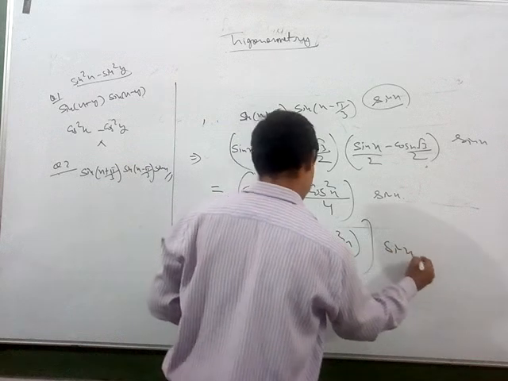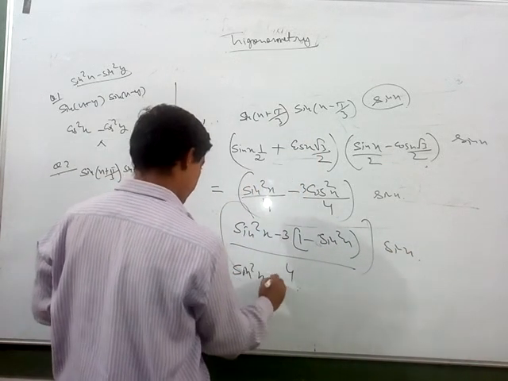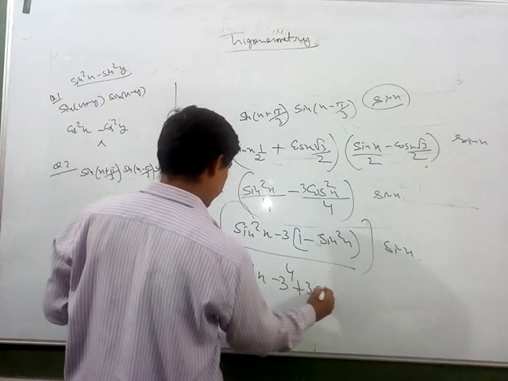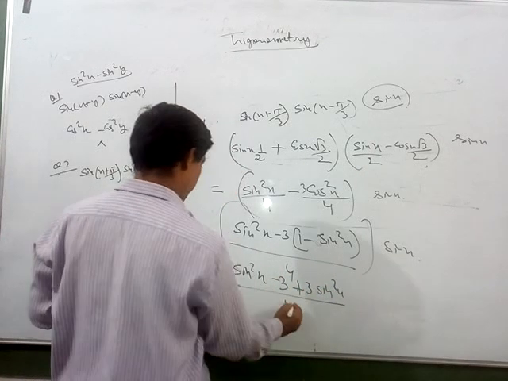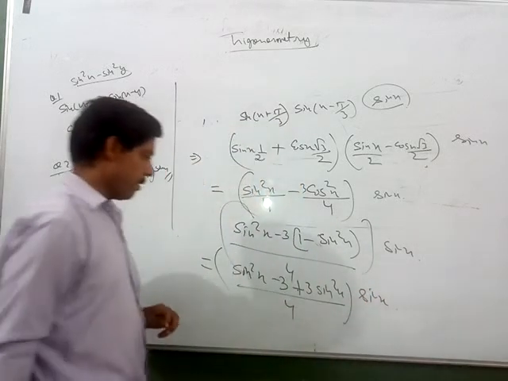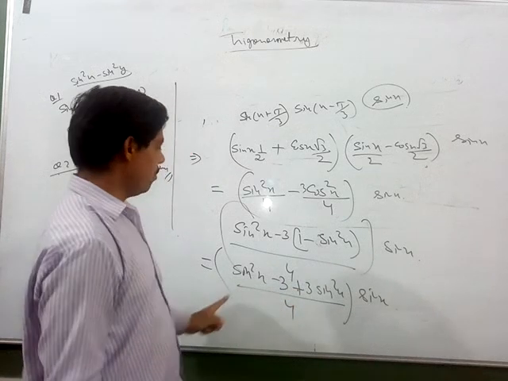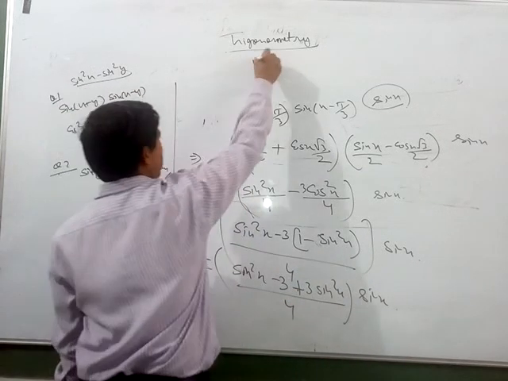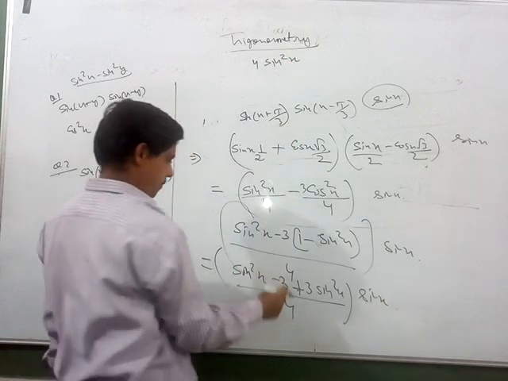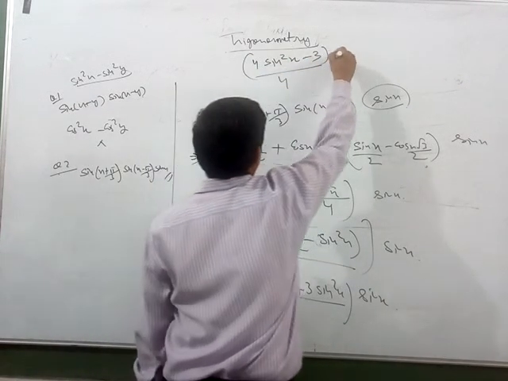Now this is equal to sin square x minus 3 plus 3 sin square x upon 4 into sin x. And when you look at this, this is equal to 1 plus 3, 4 sin square x minus 3 upon 4. Now multiply by sin x.